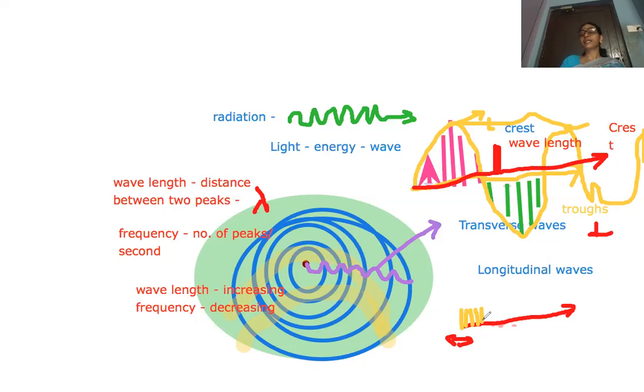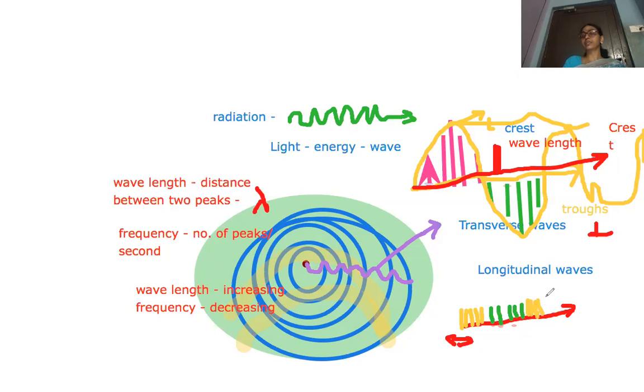So we will be getting places where the molecules are very close to each other, and places where the particles are very far away from each other. There the vibrations have not been passed. So you will be getting a wave like this where particles are very close to each other, and again where they are a little far away.